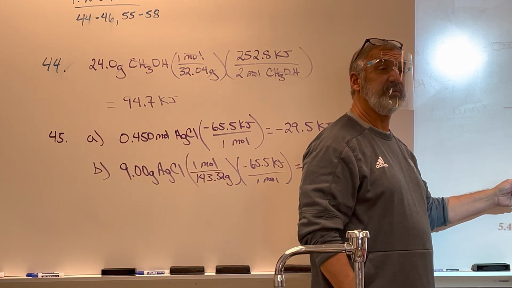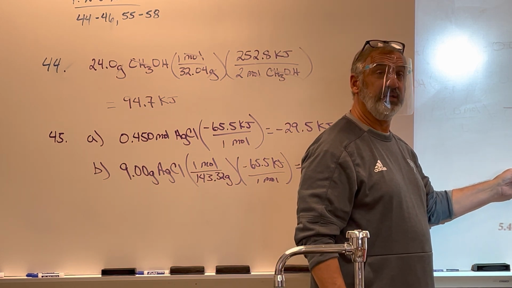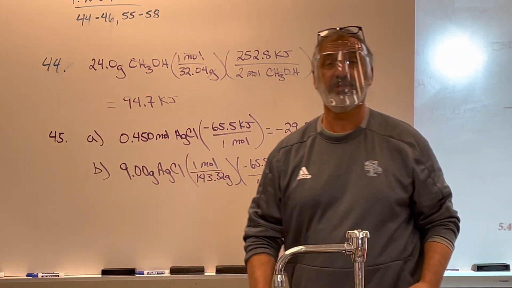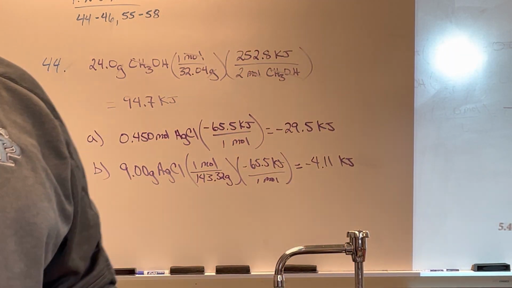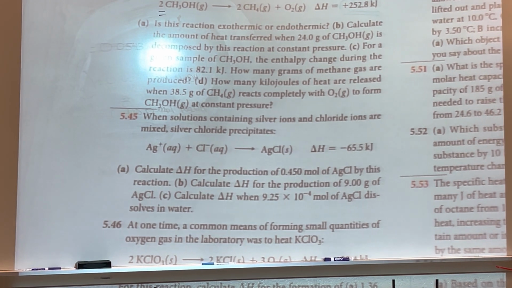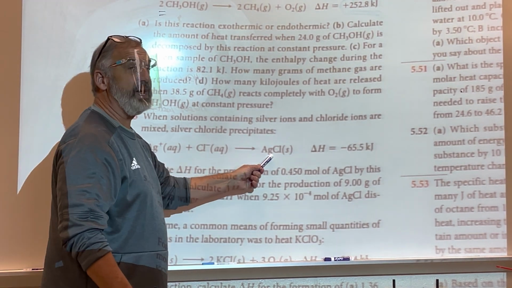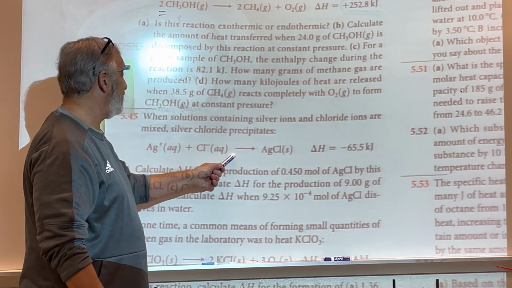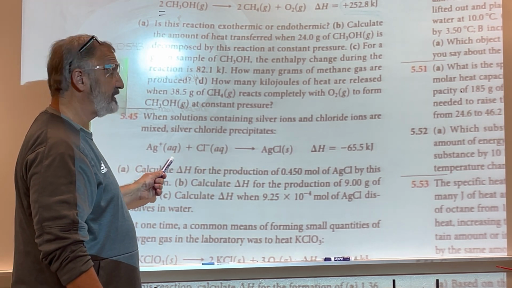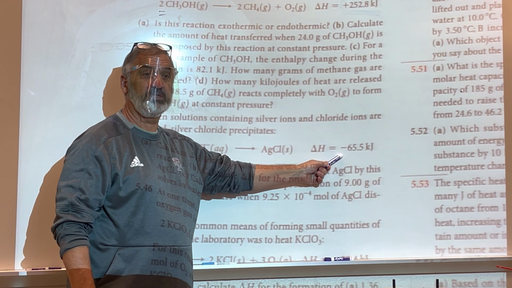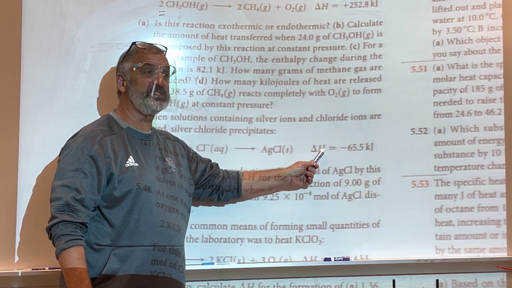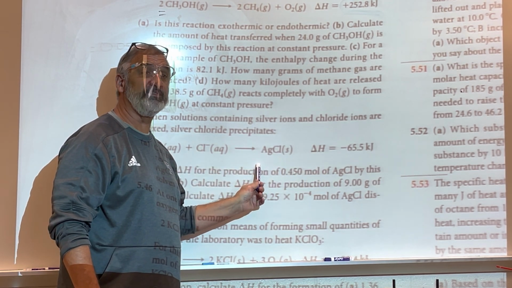It's going the other way. Now we're dissolving the AgCl to make it break apart. So what's that do to delta H? Makes it positive instead of negative. That's the only thing that's going to be different on this one.